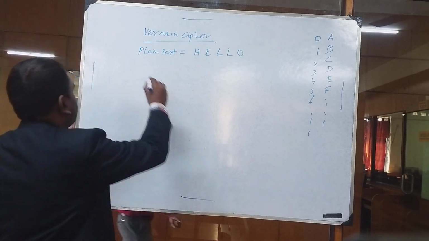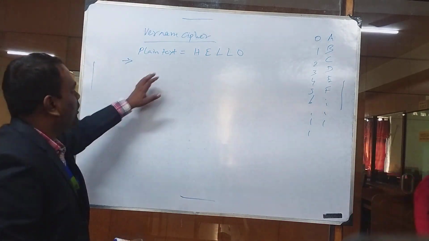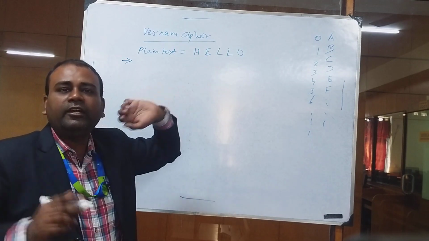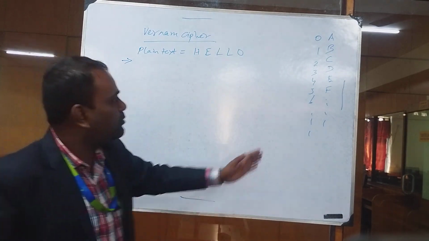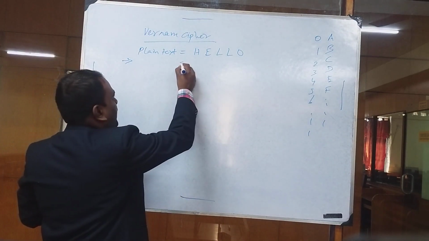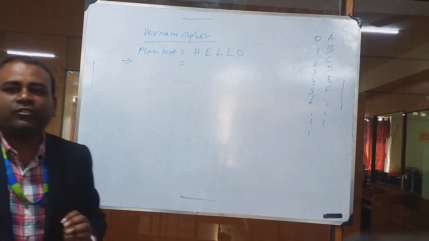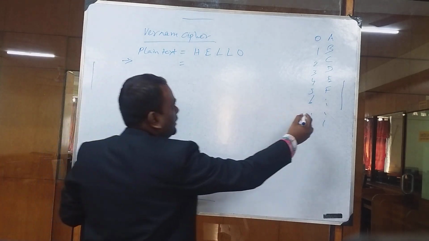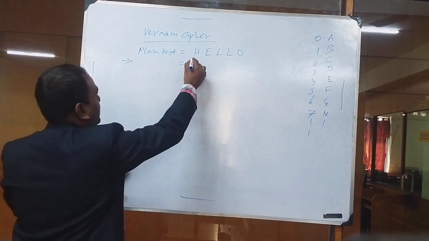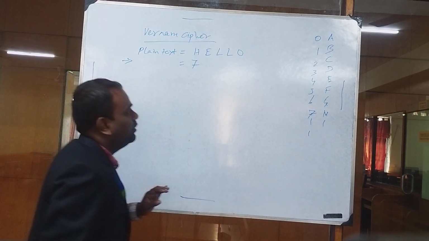So in the second step, we have to convert this message, or these characters, into number format based on this. According to that conversion, H will be A, B, C, D, E, F, G, H. It will be 7. H will be 7.